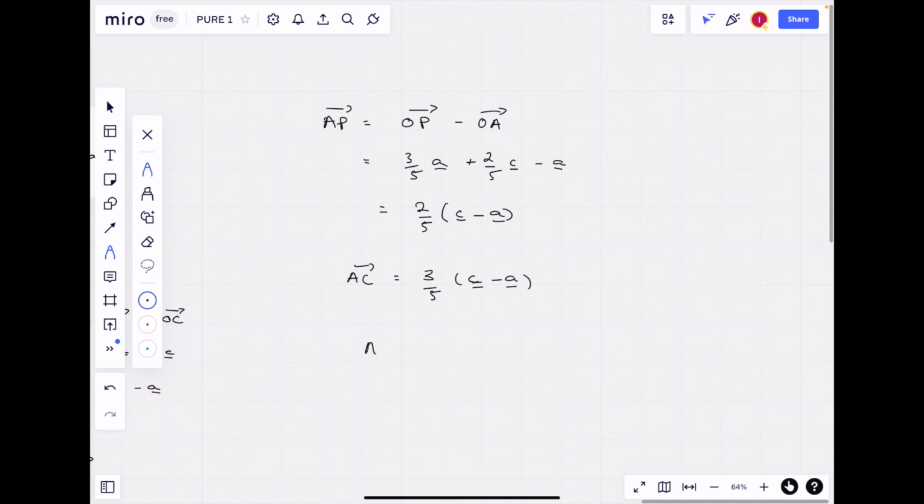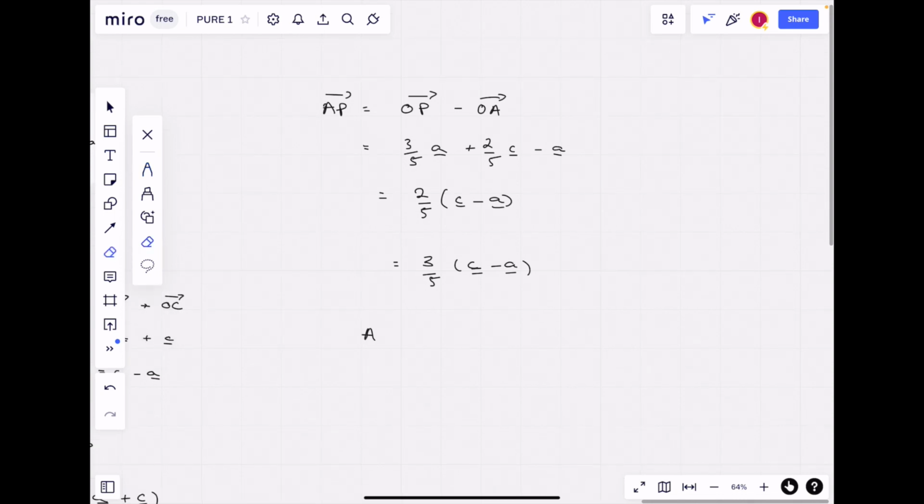So we did AP, we did PC. So AP to PC is going to be 2 over 5 to 3 over 5, 2 to 3. There we go. That is how you do the harder questions for vectors.